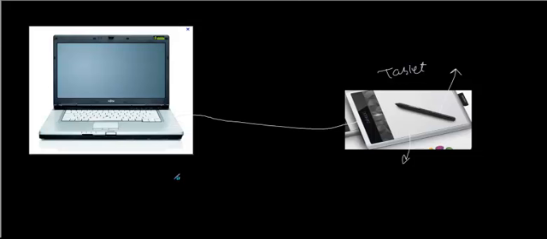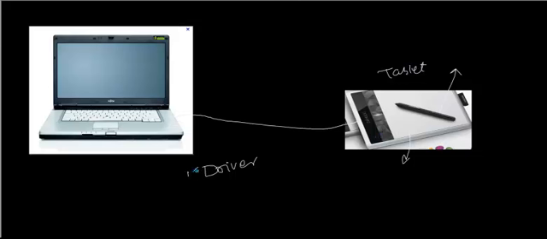In most cases, if you have Windows 7, the laptop might recognize the tablet, but it's always a good idea, and you really must install the driver that comes with the Bamboo tablet.